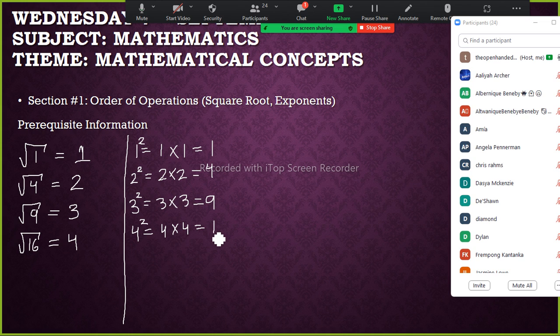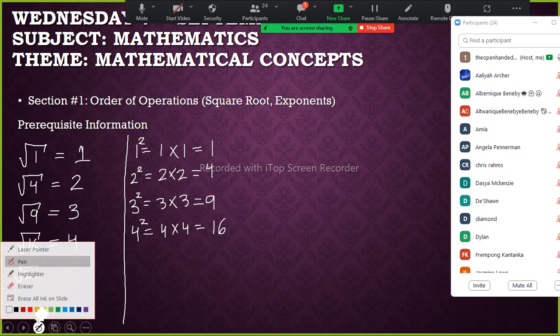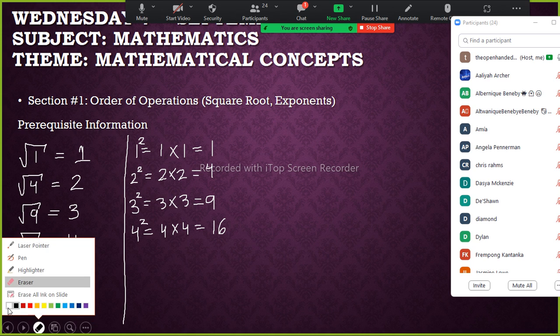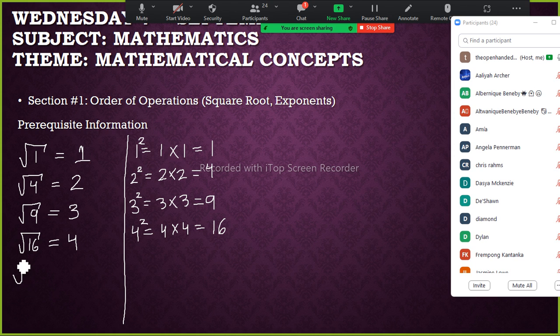16. Very good. All right, then we have the square root of 25. So the square root of 25 equals 5.